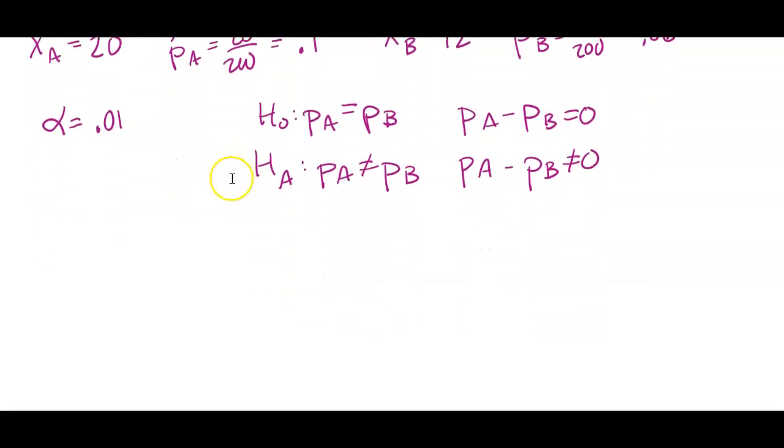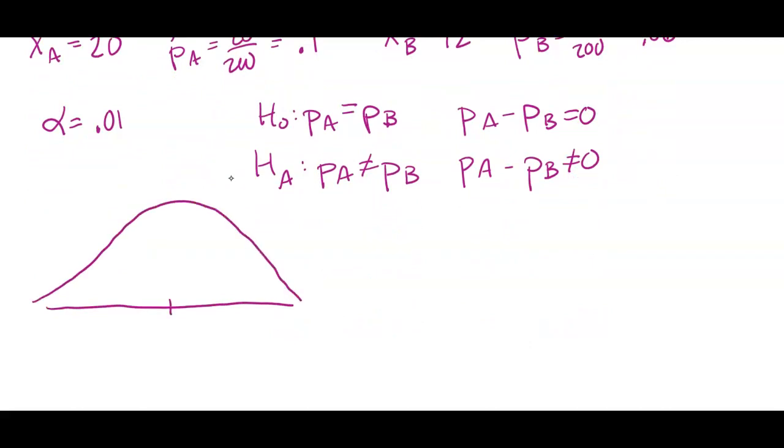So I'm going to run a two-tailed test here. And my alpha is very small, 0.005 in each side, so I need super significant evidence in order to show this.